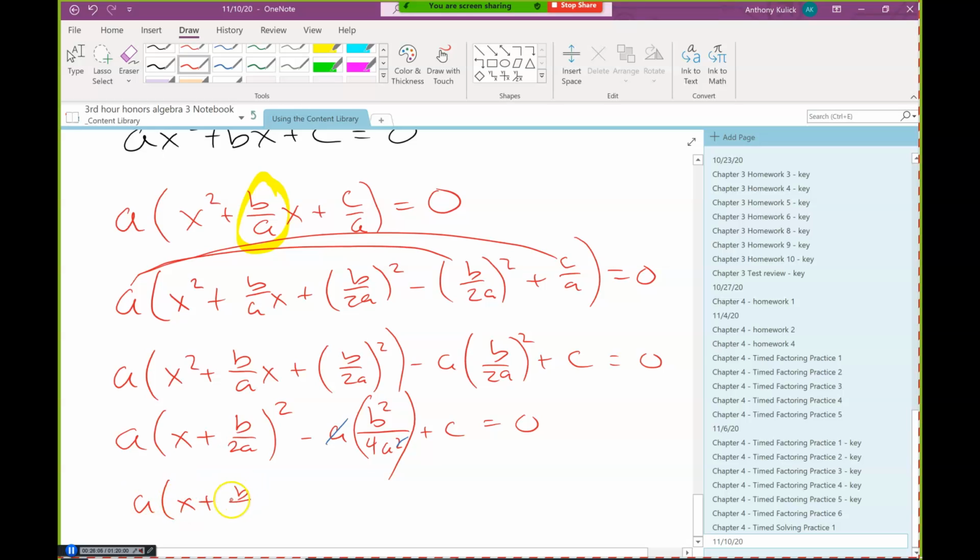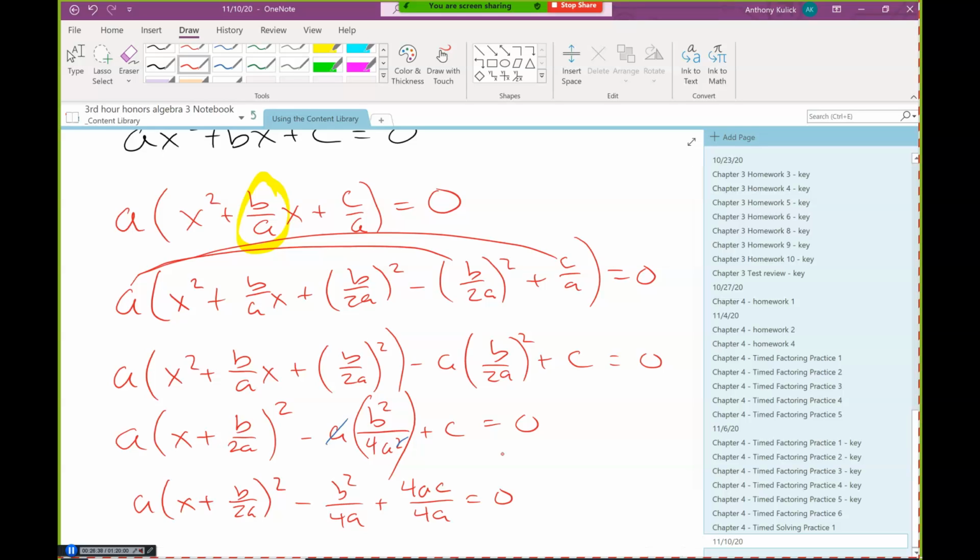And to add c to the b squared over 4a, I need to make a common denominator. That common denominator would be 4a. So 4a over 4a times c is just 4ac over 4a.